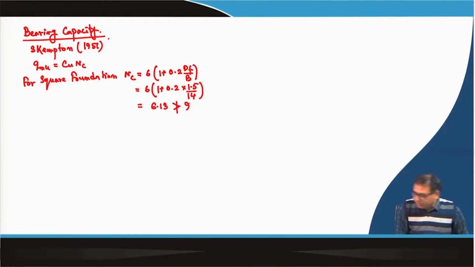So, we can use 6.13. So, the Nc value we got is 6.13. Now, what is the Cu value?